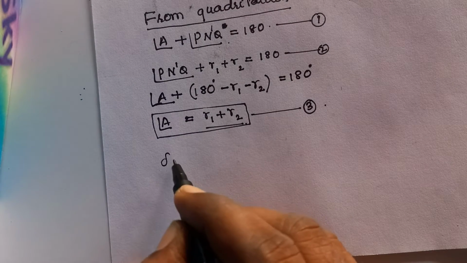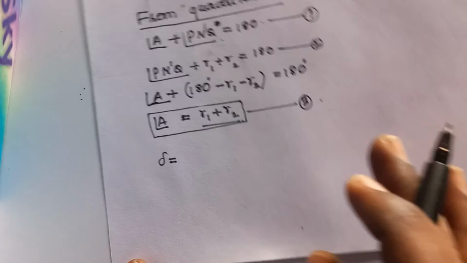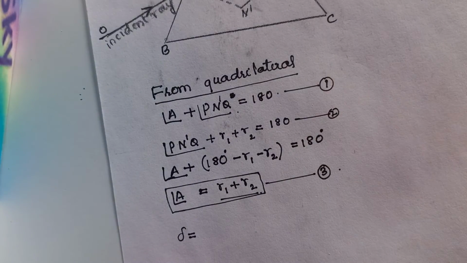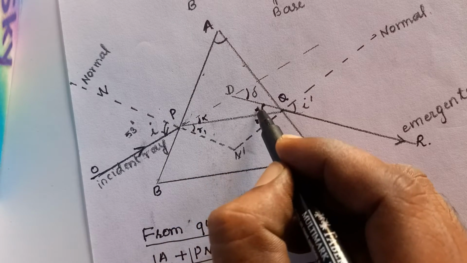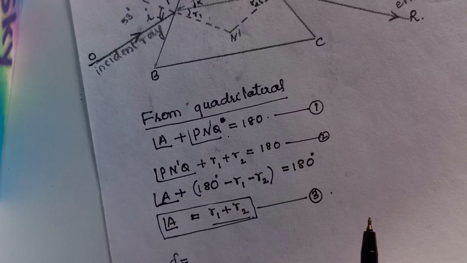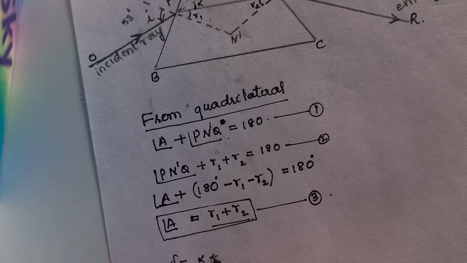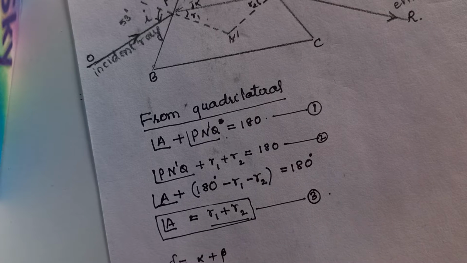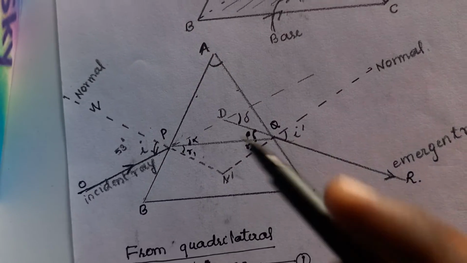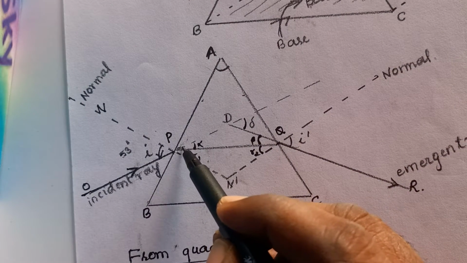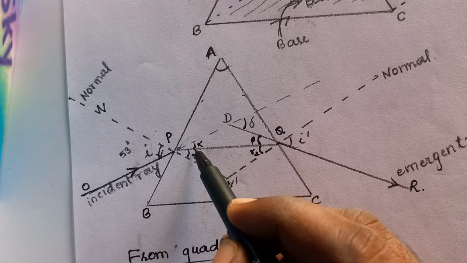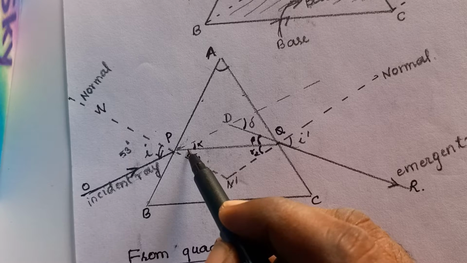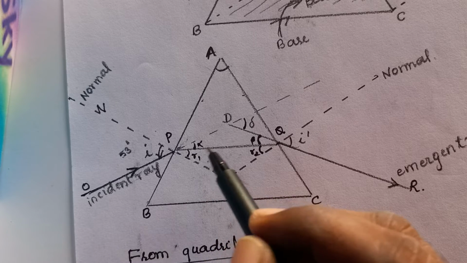From the figure, let's take this one as alpha and this as beta, so delta is equal to alpha plus beta. This is the incident ray, and this is the angle of refraction R1.